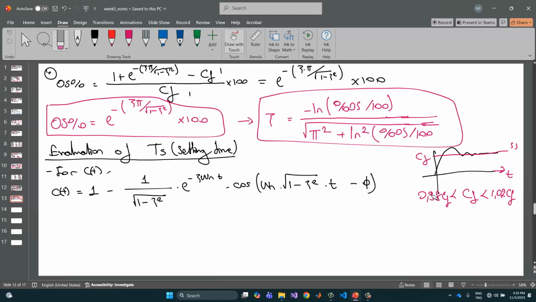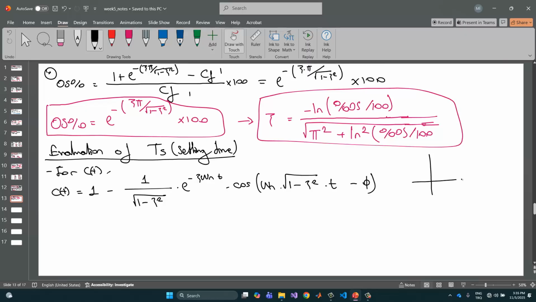Just see that. For example, we have the 1 in here, and this is the 1.02, and this is the 0.98.